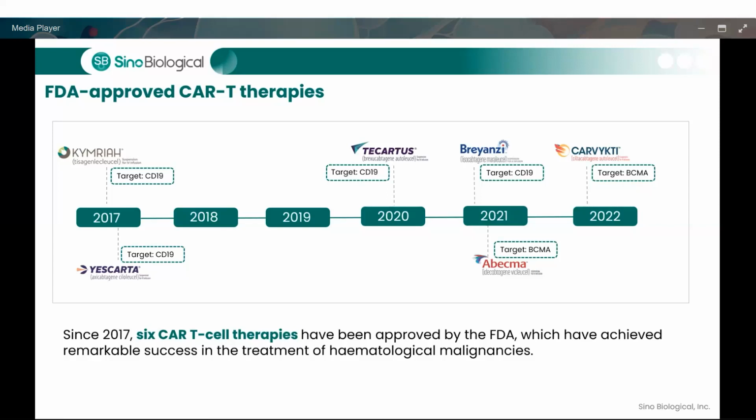This innovative cell therapy brought a huge breakthrough in the treatment of hematological malignancies. Thus, it has led to great interest in R&D for cancer treatment from the research community and the whole industry community.